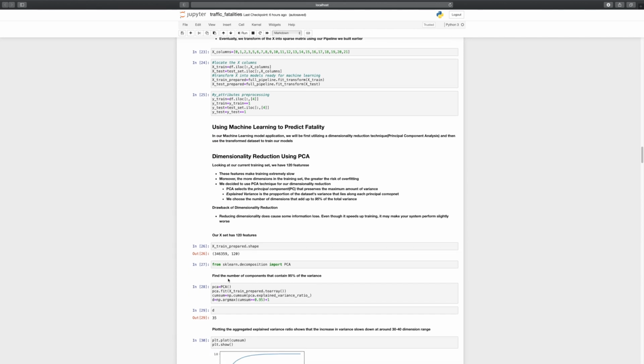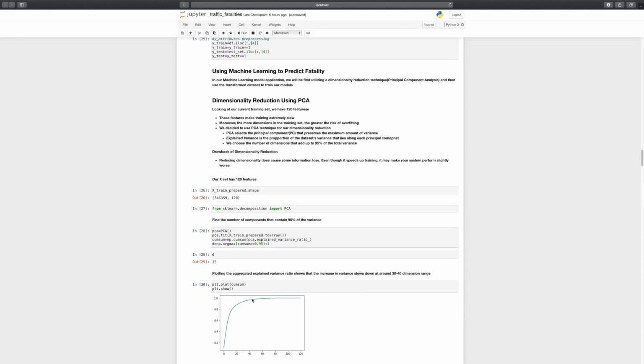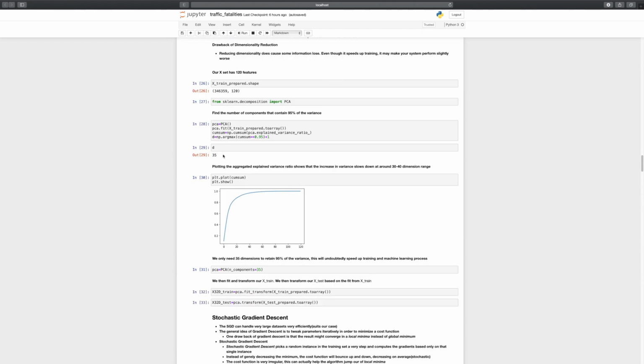I tried to preserve as much as 95% of the total variance from the principal components. And I plotted the number of components against the variance. And we can see that in order to preserve about 95% of the variance, we only need 35 features.